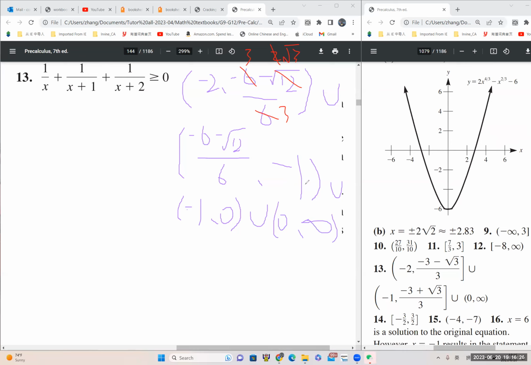-1. Here again, this goes to the square root of 3. Here goes to 3, here goes to 3, right? But here is a difference, right?